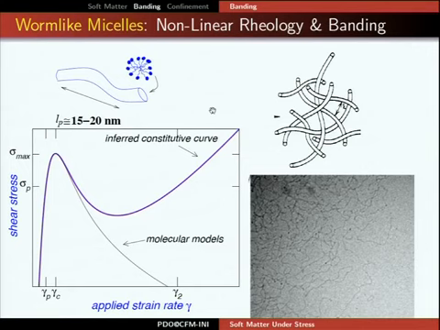So this is a cartoon of stress as a function of shear rate, and the example where this shows up most readily is in worm-like micelles, shampoo, where you can exceed the relaxation time for stress to relax, which is a combination of the reptation, that is the snaking of these micelles through the entangled mess, together with breakage. The combination of those leads to a relaxation time, which can be of order a second, very easy to exceed.